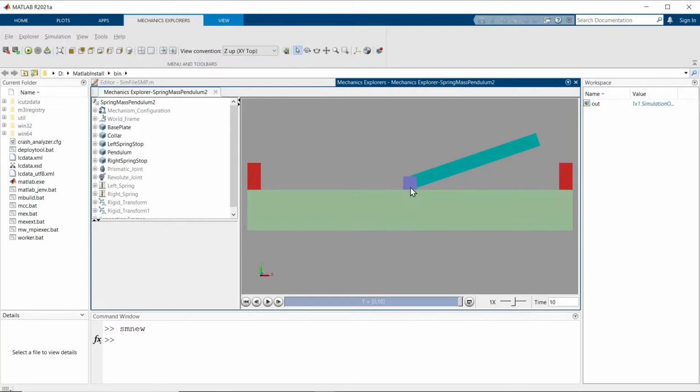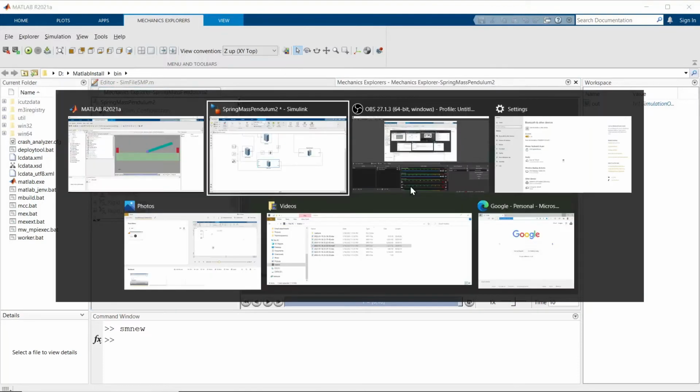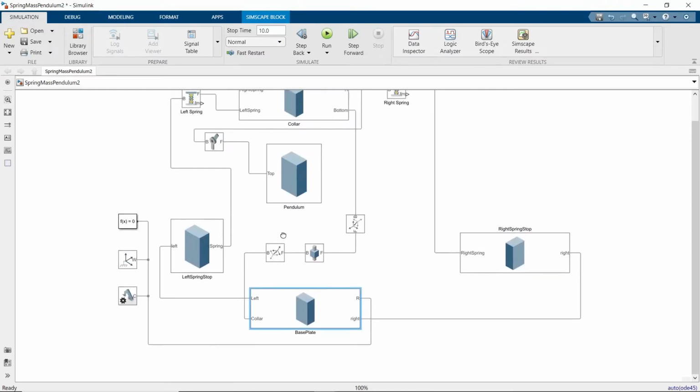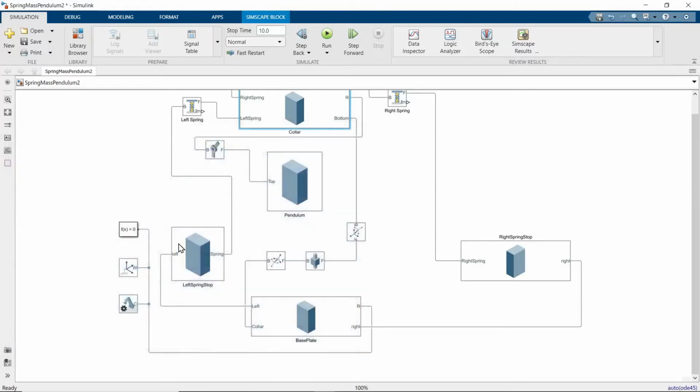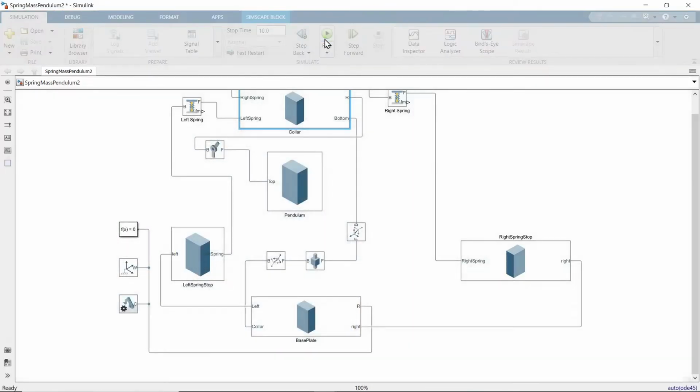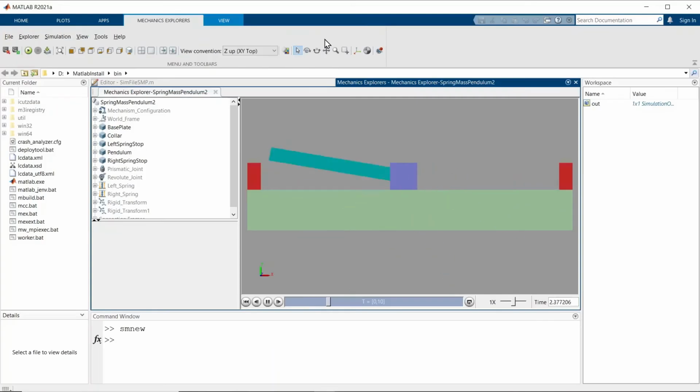That's a mistake. Let me fix that. The collar should be 0.2, not 0.1. 0.2, 0.2, and 0.2. Apply, F5, and run it. Okay, there, that looks better.